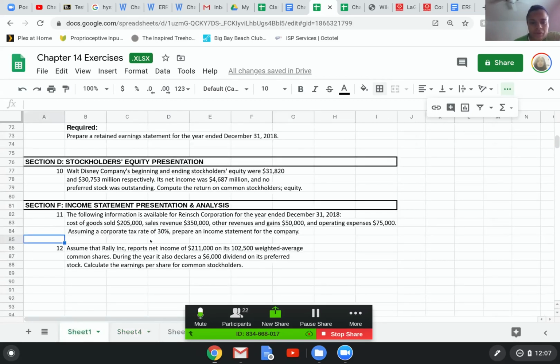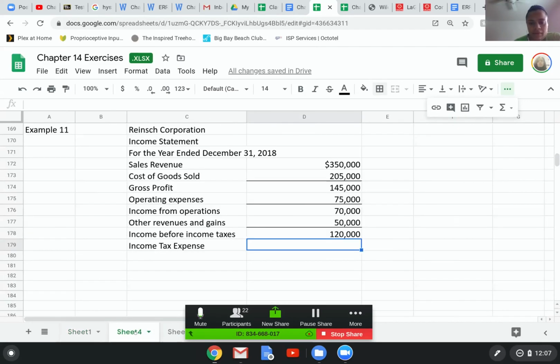And based on the question, the corporate tax rate is 30%. So take a minute, 30 seconds or whatever, and calculate on your calculator how much you think. You don't have to scream it out. Just let everybody have an option to calculate it. Calculate what you think the income tax expense should be.